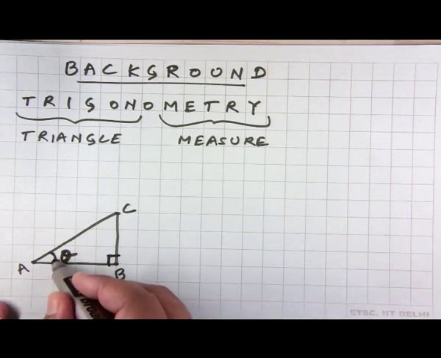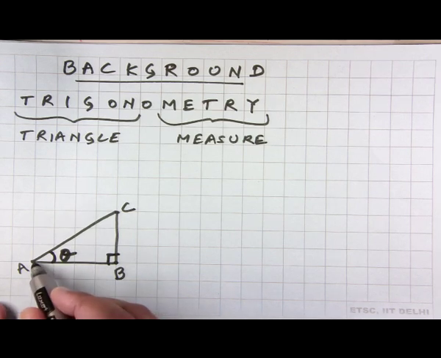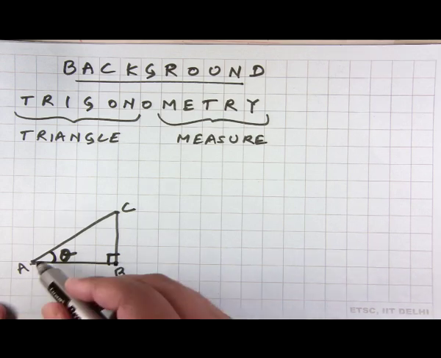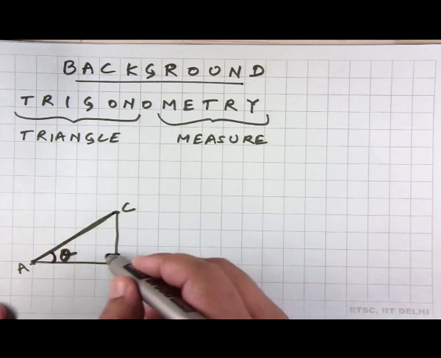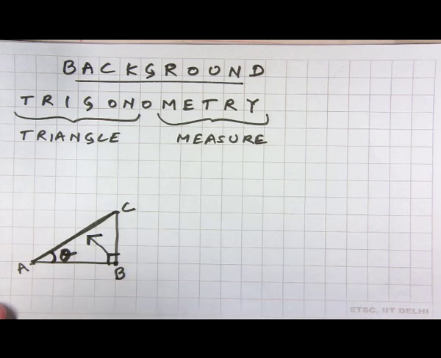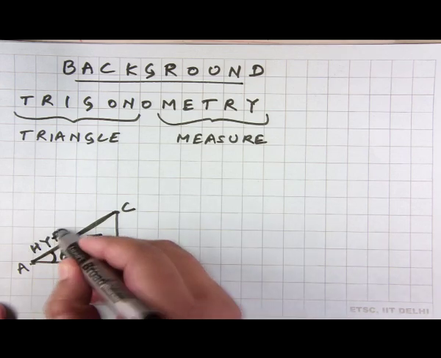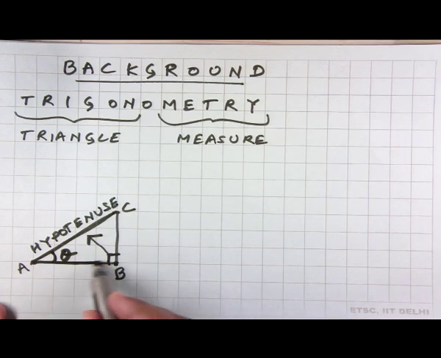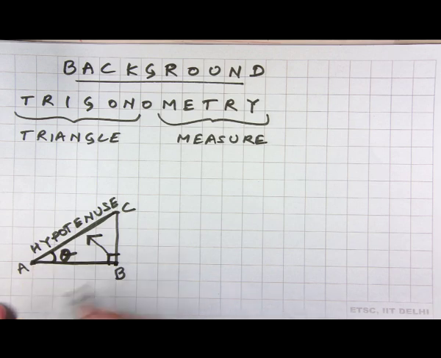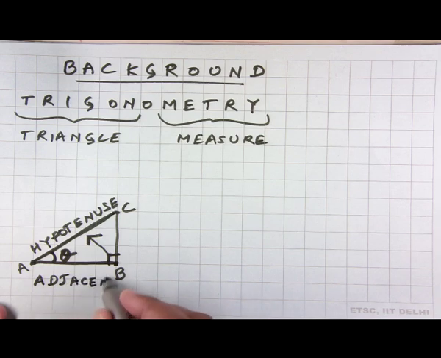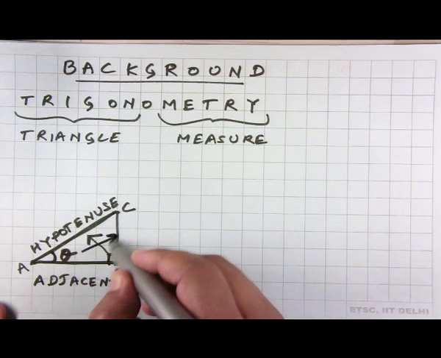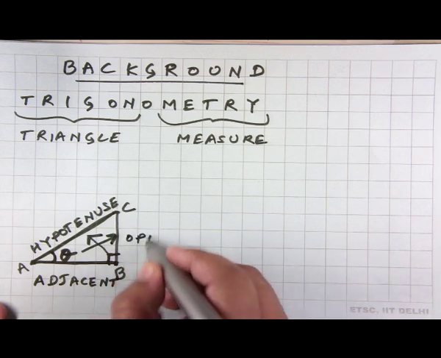So, for this angle theta, we say this side AB as the adjacent side and this side AC, which is opposite to the right angle in the right angle triangle, is called the hypotenuse, and this side for this angle theta, this side AB is called the adjacent side, and the side opposite to this angle theta will obviously be called the opposite side.